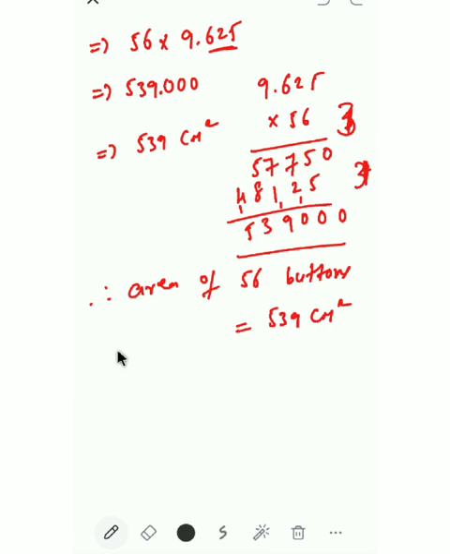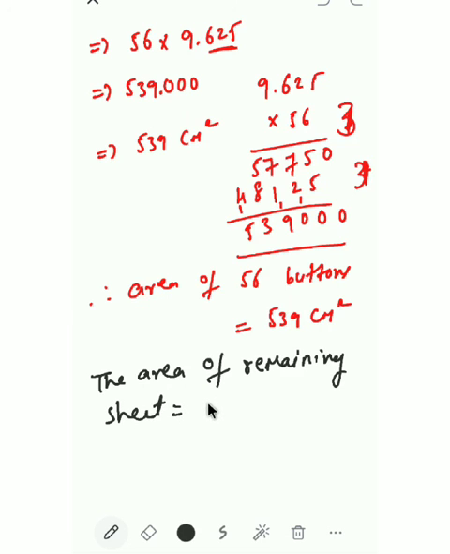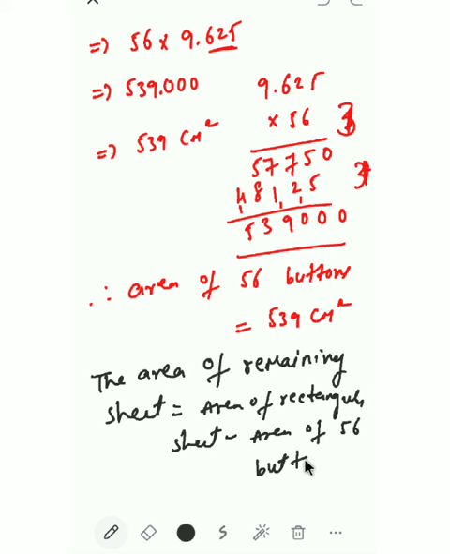What we have to find is the area of the remaining sheet, which is the area of the rectangular sheet minus the area of 56 buttons. The area of the rectangular sheet is 900, and 539 is the area of the 56 buttons. Take the subtraction. The answer is 361 centimeter square, the area of the remaining sheet.